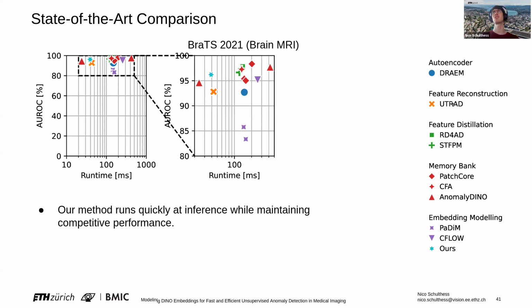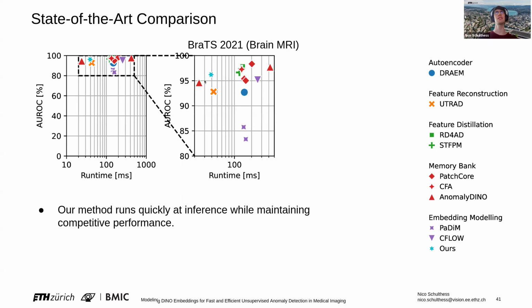So we have image reconstruction, feature reconstruction, distillation, memory banks, and embedding modeling approaches. And for example, for Anomaly DINO, we have 2 points. One on the very right at high runtimes. This is Anomaly DINO trained on the full training data set. And then on the very left, at very short runtimes, we have Anomaly DINO with the normal memory bank extracted from only one normal sample.